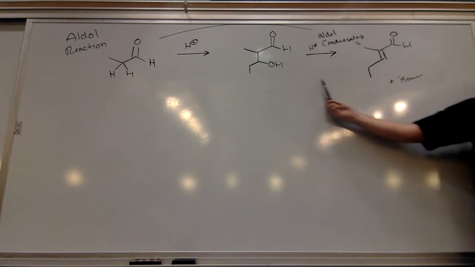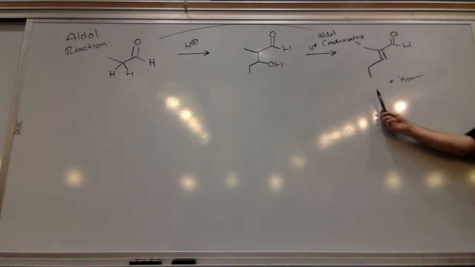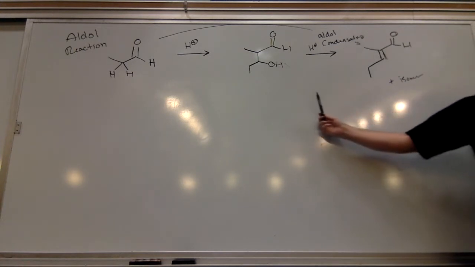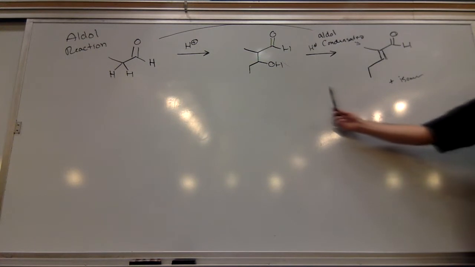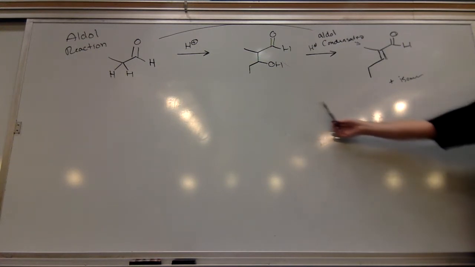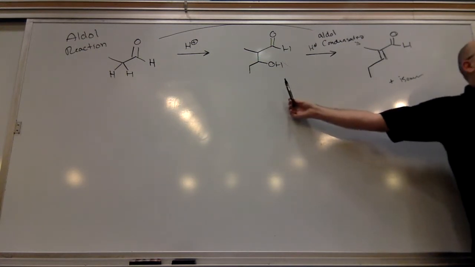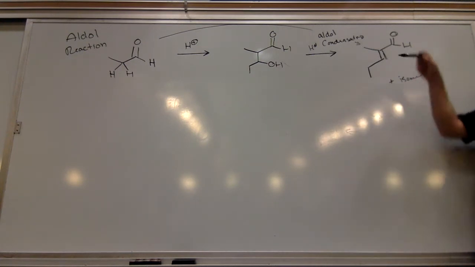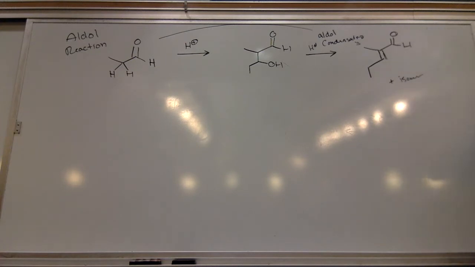This is a thermodynamically favorable process. Okay? It's very difficult to go in the reverse. You can do it. A former colleague of mine did a lot of chemistry where she tried pushing it this way, but it's very difficult to go in this direction. This direction is much more thermodynamically favorable because of the conjugation of the system. We haven't really talked too much about conjugation.